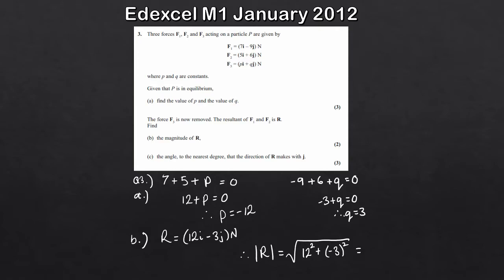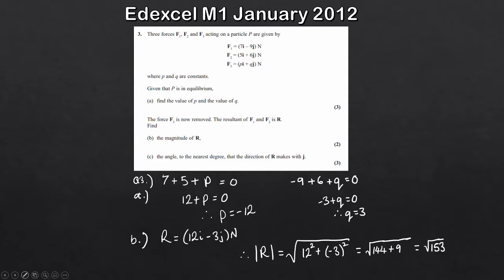If we work this out, this is 144 plus 9, all under the one square root, which gives us the square root of 153. You can give it as a decimal if you want, but I'm just going to keep it as the square root of 153. So that's part B done.